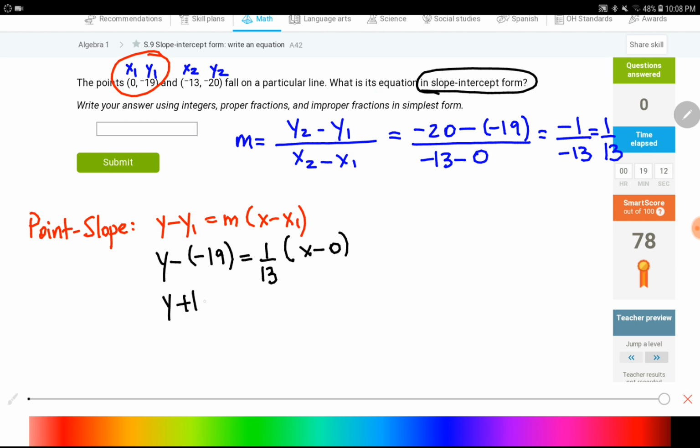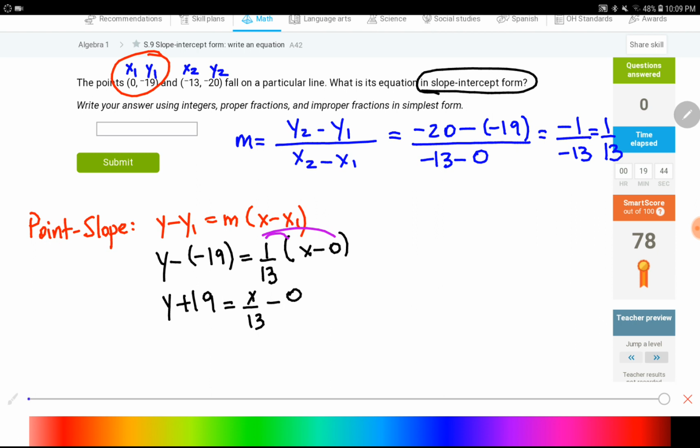Y plus 19 equals, now this right here is called distribution. 1 over 13 times x is x over 13. And then 1 over 13 times 0 is just a 0. So you can do this, minus 0, or you don't even need to put it up there. It could be just x over 13.